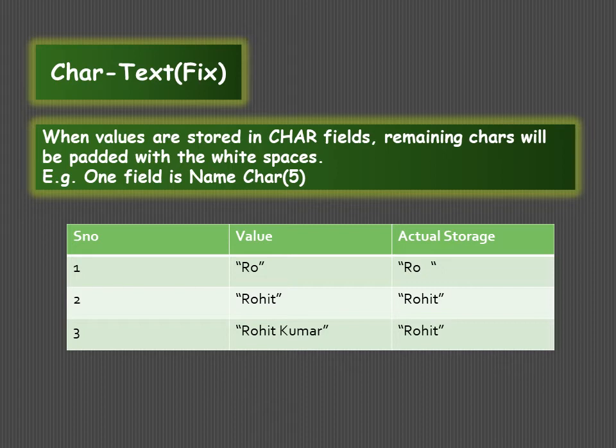Now if we see this table, 3 values are there. The first value is in the second column, the value column, RO, whereas the actual storage is RO with some space compared to the value.